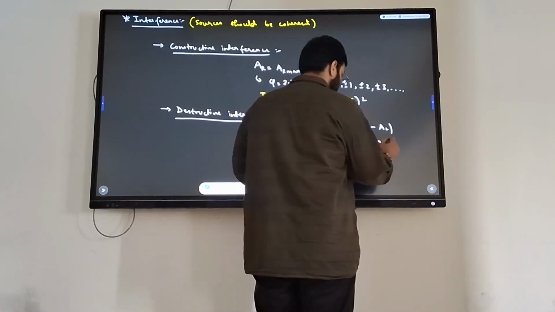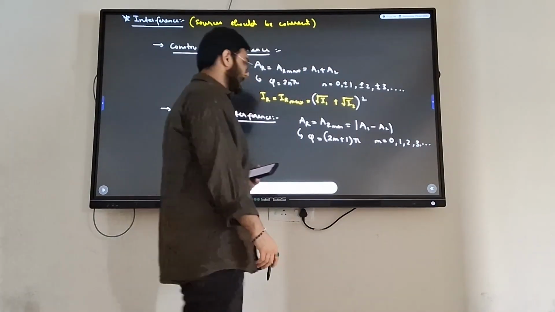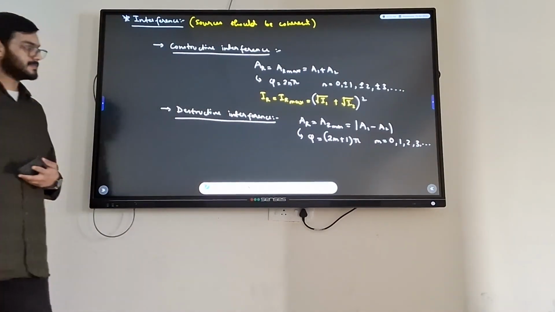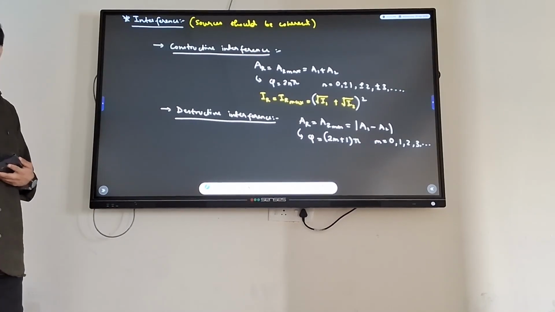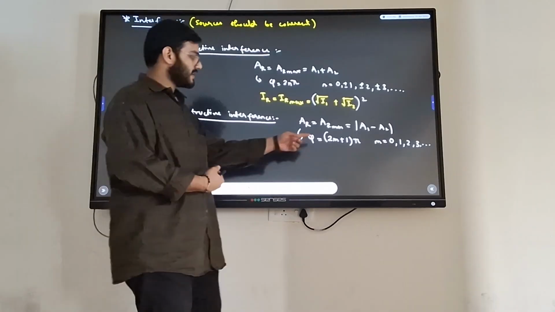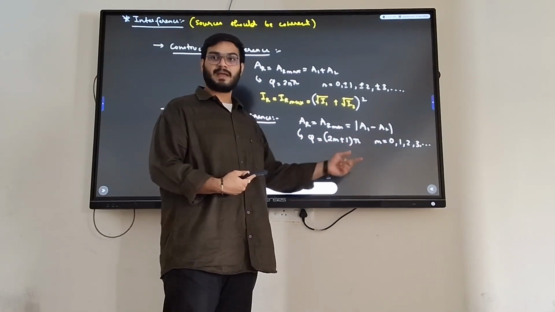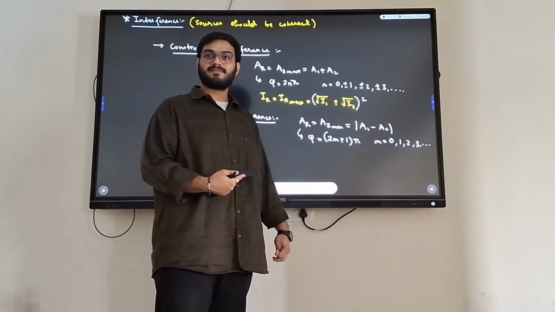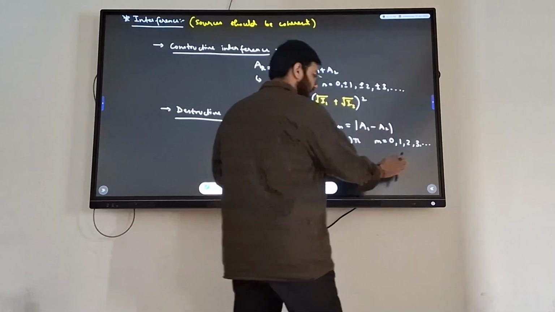So 0, 1. Can it be negative as well? Can you take a -1 case? -2 plus -1 times pi. What will that give? Again the same, so can I write in general plus or minus 1?